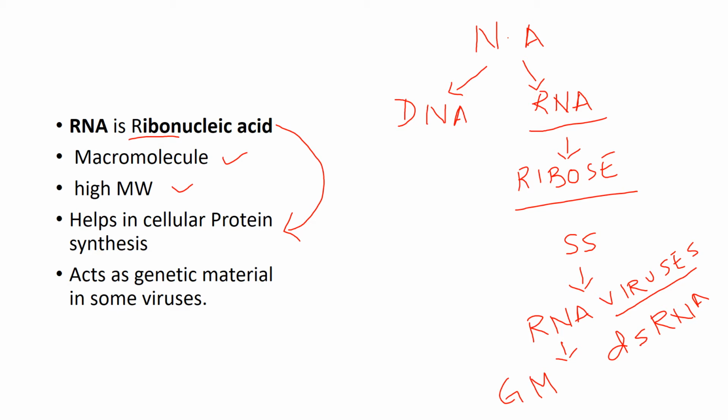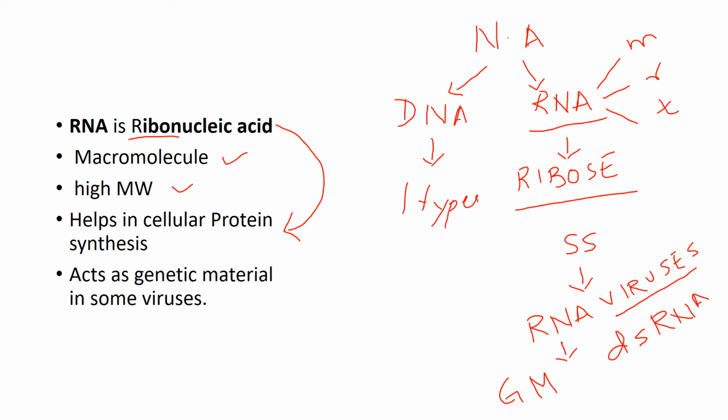Then one more basic difference you can understand here, that RNAs involved in protein synthesis are of three types: messenger RNA, ribosomal RNA, and transfer RNA. Whereas in case of DNA, there is only one type of DNA. There are no types of DNAs.